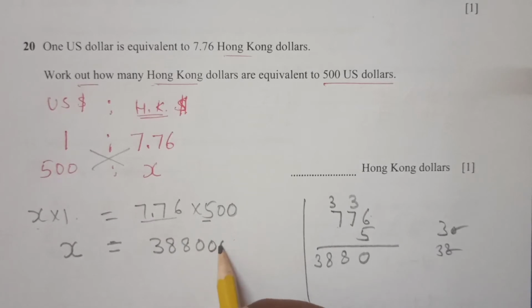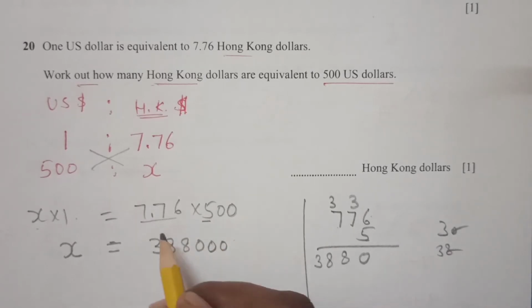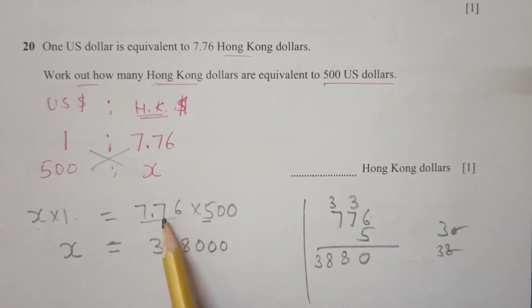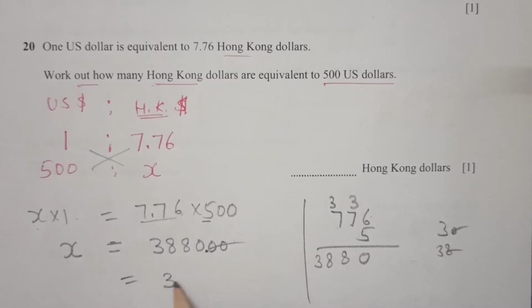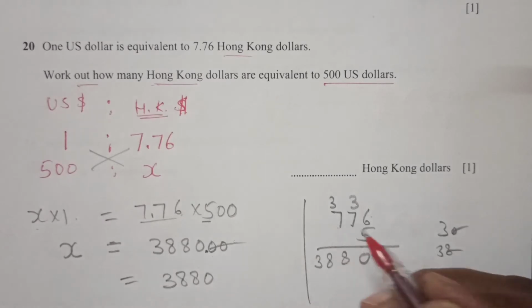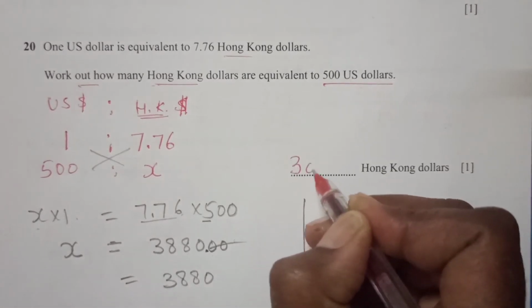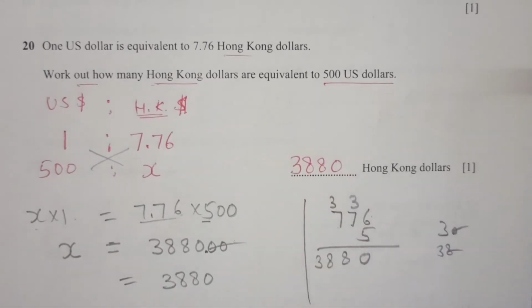Then we have 2 zeros, right? Now we are done with the multiplication, but we have a decimal place here. So two digits after the decimal place, so we are going to have 2 digits after this. So these 2 zeros are gone, so the final answer is 3,880 Hong Kong dollars. So this will go in the answer column here, right?